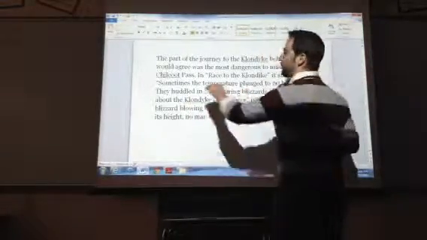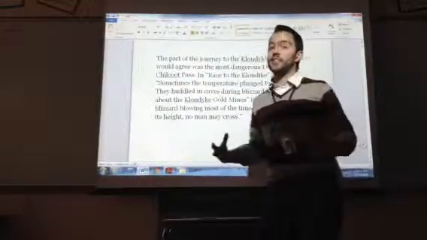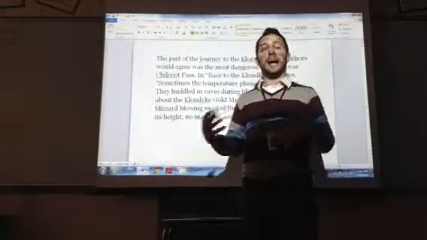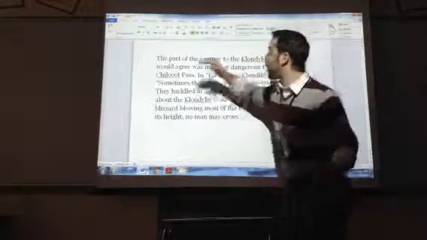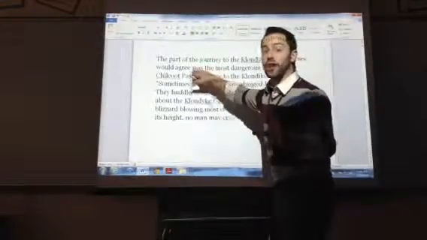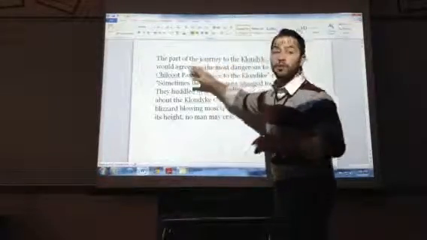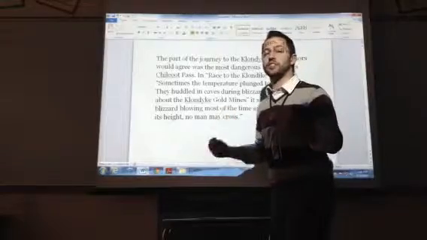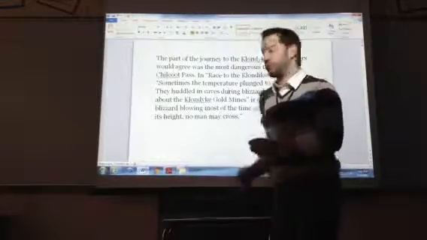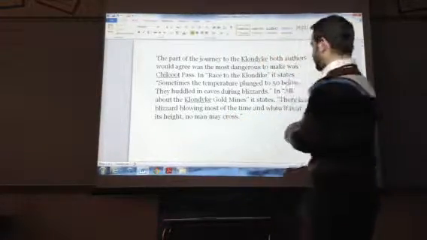Well, if we're talking about Chilkoot Pass, it's great to talk about the reactions that people had to it, but really remember, we're talking about the part of the journey, not people's reactions. See, we have to remember that. When we establish it in our thesis, we have to talk about it in our support. So we're talking about the passage itself, not necessarily people's reactions to it. So let's take a look.